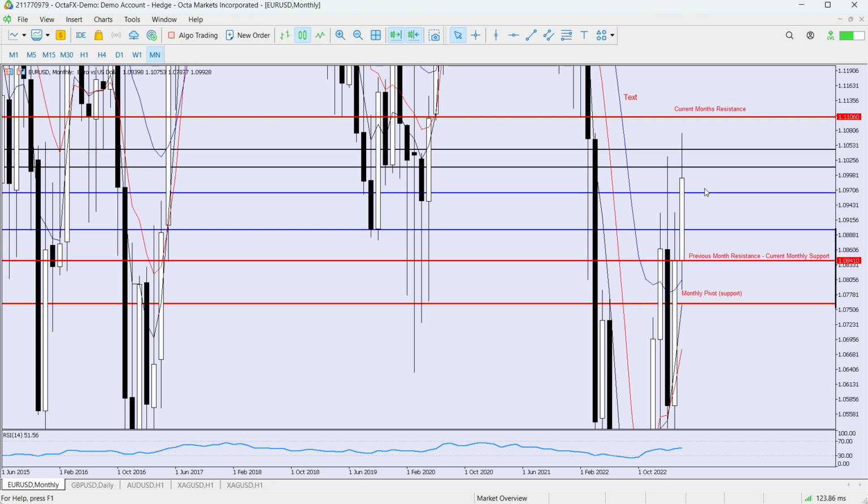So in the coming week, what can happen is we reached up to here. Now the monthly candle closed around 1.0992.